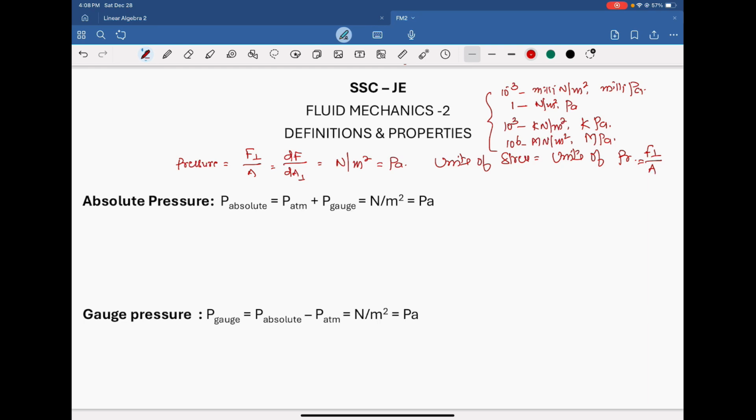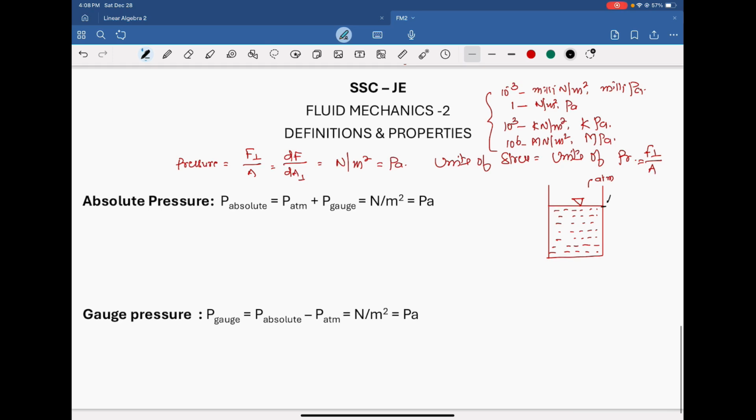Now, as explained in the first lecture itself, let us take one water tank filled with water up to this level, exposed to the atmosphere.